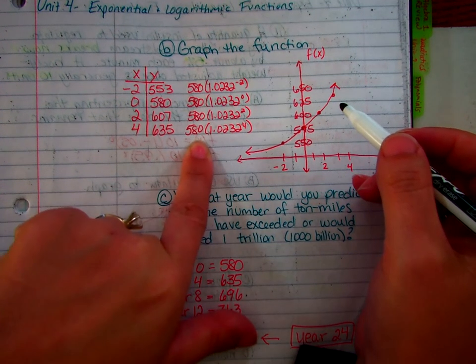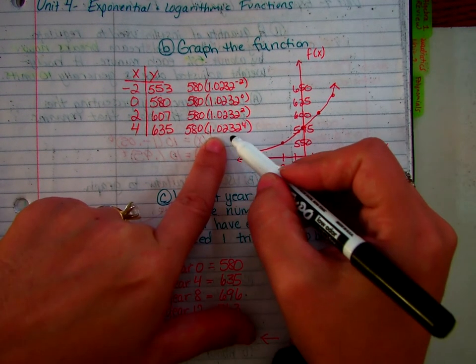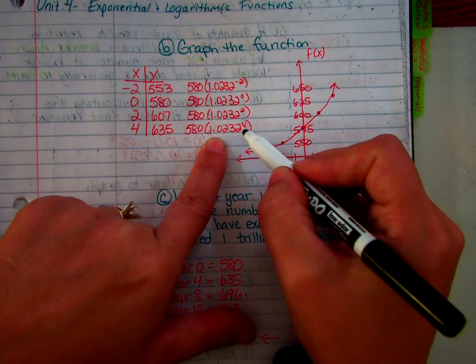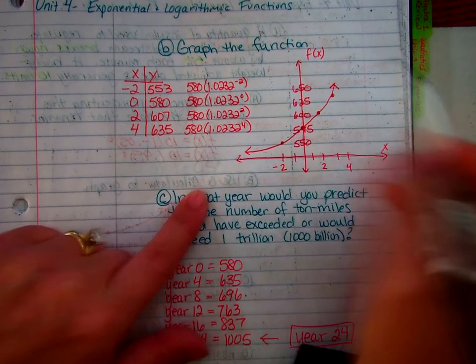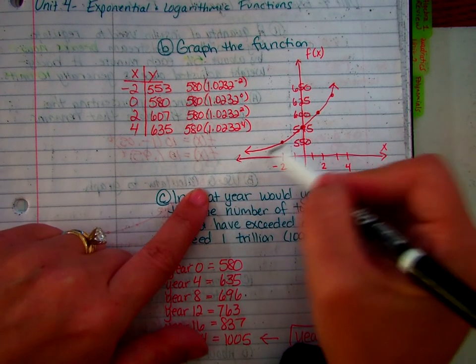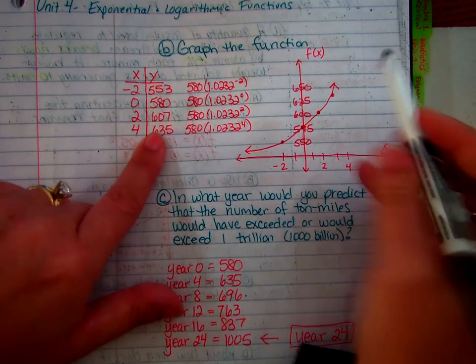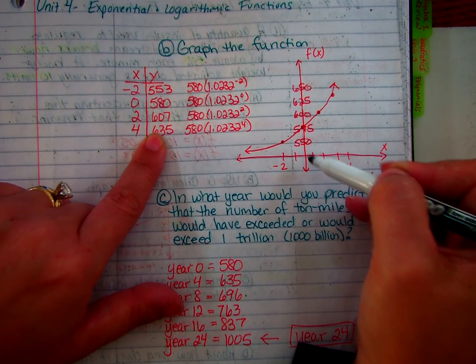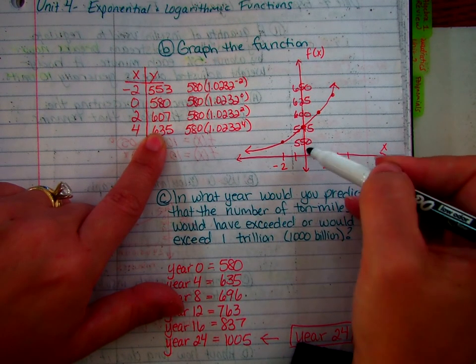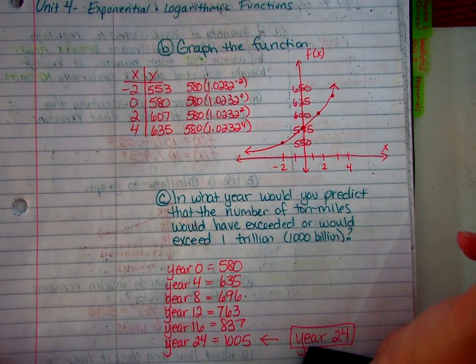Of course, I want you guys to use a calculator for this. You do 1.0232 raised to the 4th first, then you multiply your answer by 580. When I graphed it, because the values were so high, I adjusted my scale so it didn't start at 1, 2, 3, 4, 5. I actually started it close to 550.